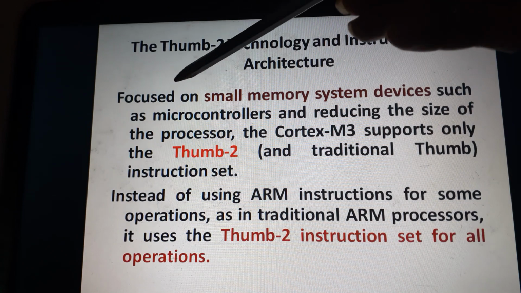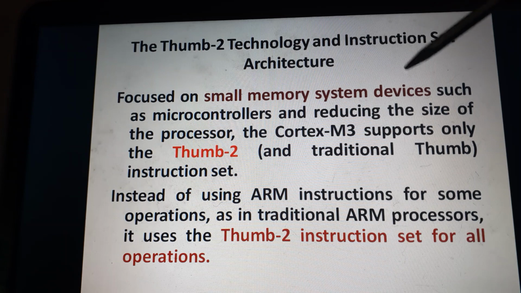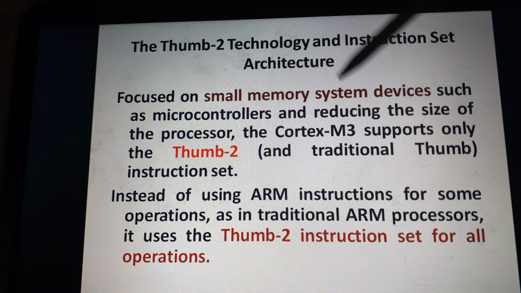It is focused on small memory system devices, because why we go for Thumb instructions is that most of the instructions in the Thumb instruction set, as well as in the Thumb-2 instruction set, are 16-bit.